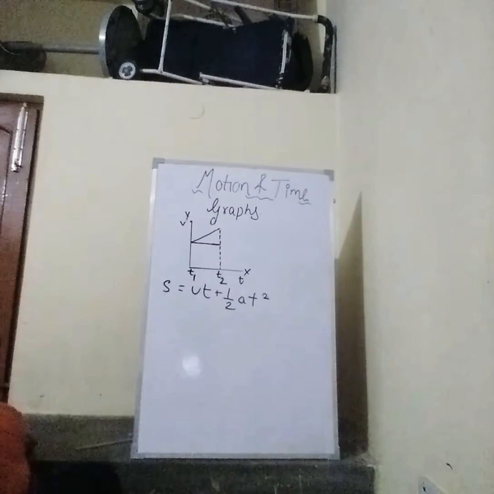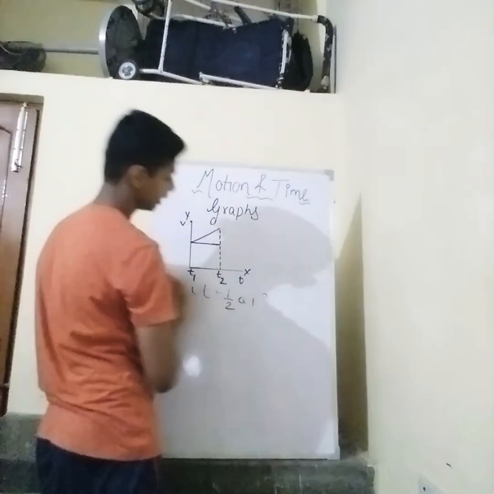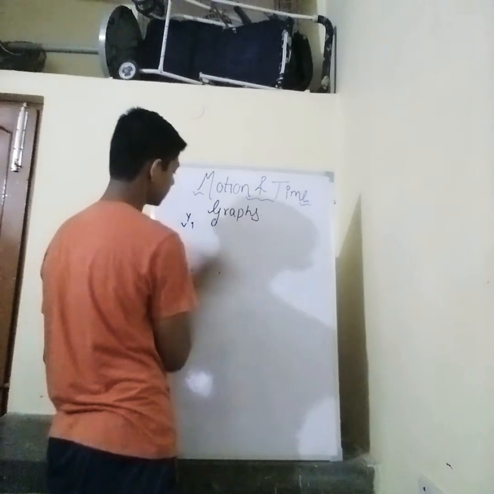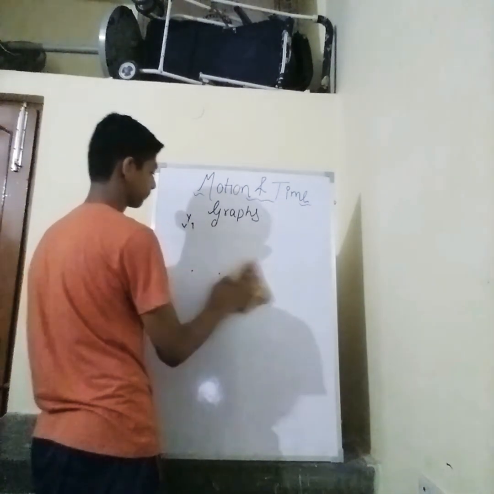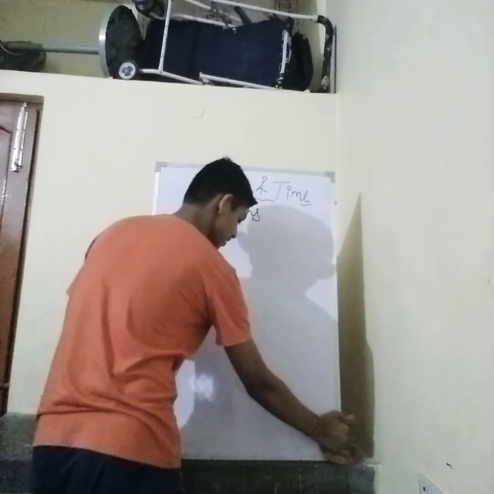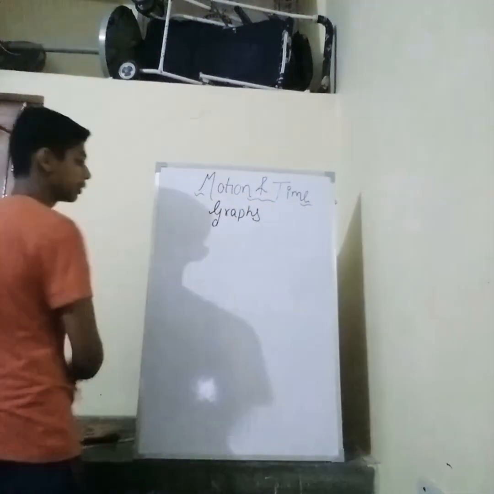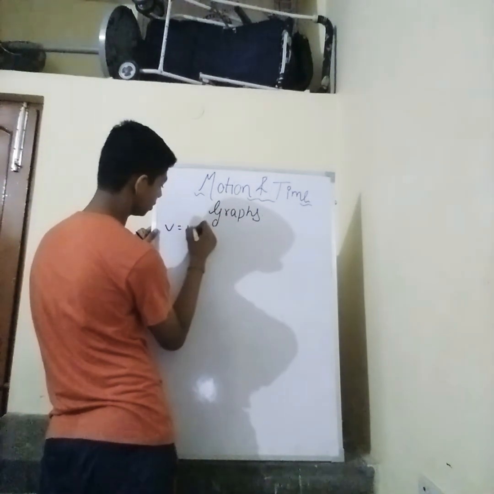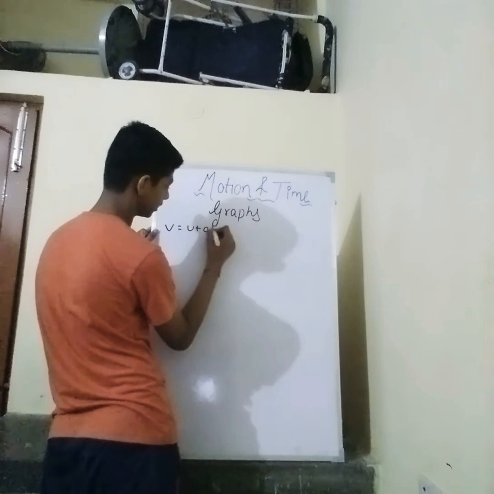And the third and the last equation of motion is as follows. We don't need a graph to explain this. The third equation is the derivation from the first and the second equation. The first equation was v is equal to u plus at.